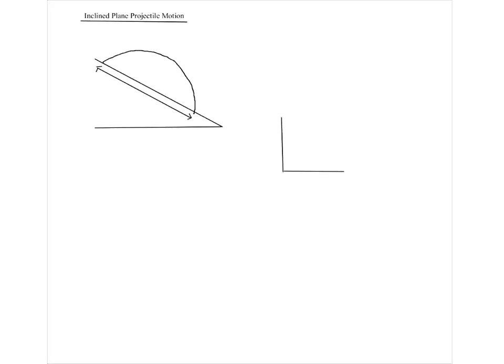Then later on, when we talk about collision and bouncing, then later on also you can see projectile motion based problems involving collision. So the ball or some point, some particle hits the incline again, and then bounces up.